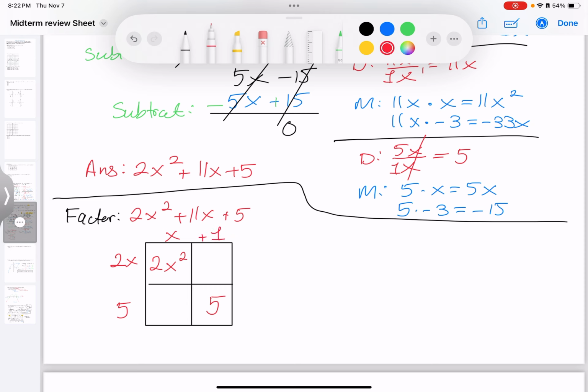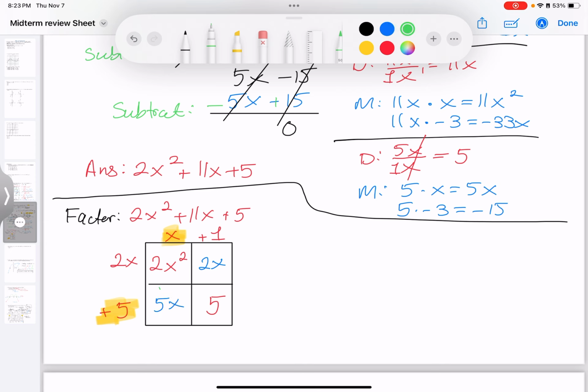So put a plus 1 here, put a plus 5 there, and now we're going to multiply. 2x times 1 is 2x, because once again, we just multiplied. 2x times 1 gives us 2x. At the same time, we're now going to multiply 5 with x, and 5 times x is 5x.